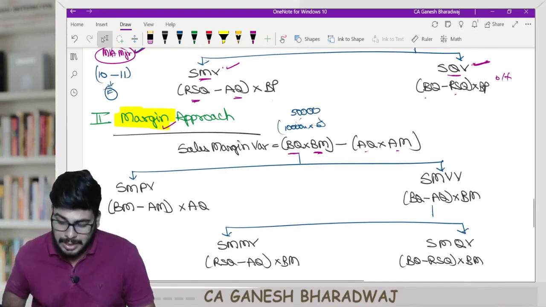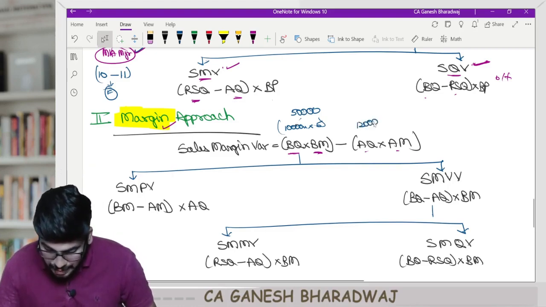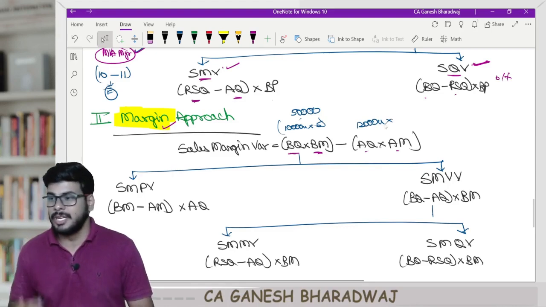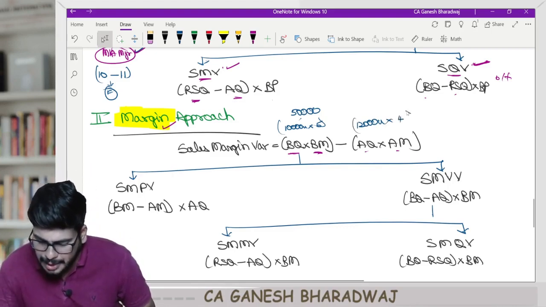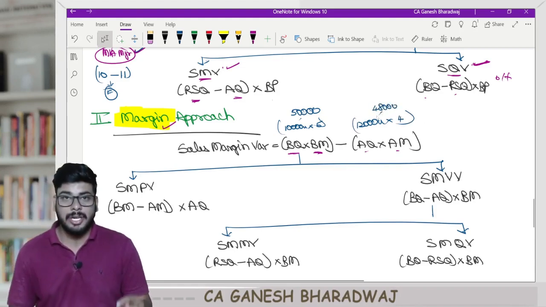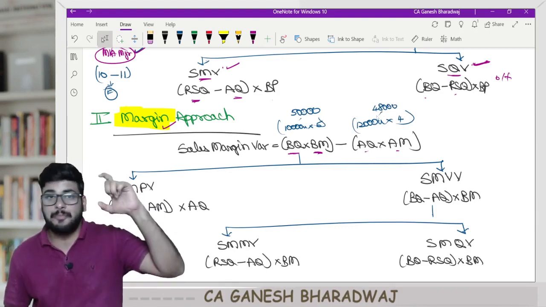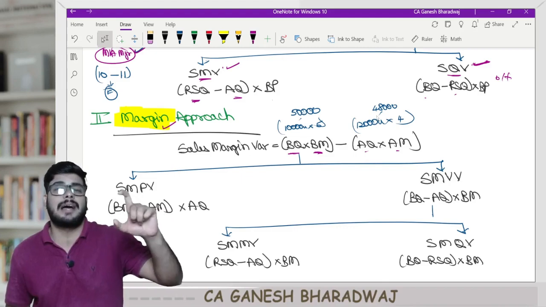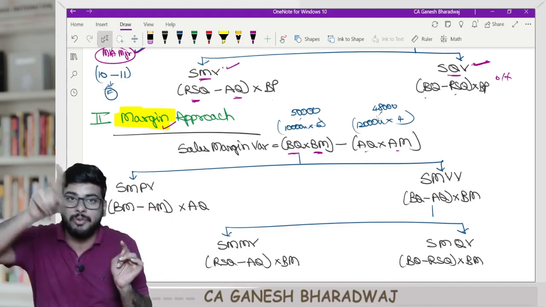Whereas, what is this actual quantity? I ended up selling 12,000 units. Very good. But every time I sold a unit, the actual margin that I got was only 4 rupees. So 12 into 4 is 48,000. So here we are trying to find out the profit variance attributable to the sales side.